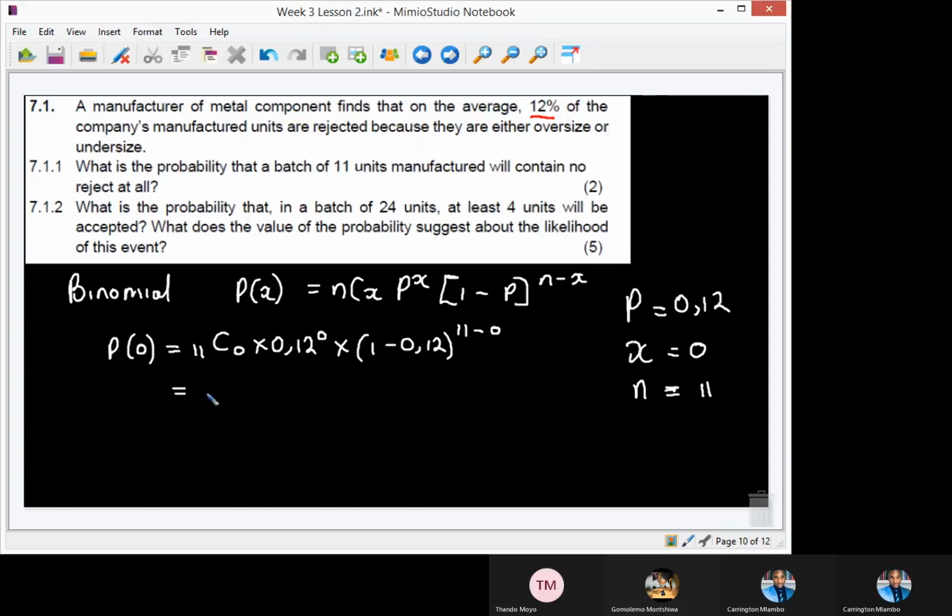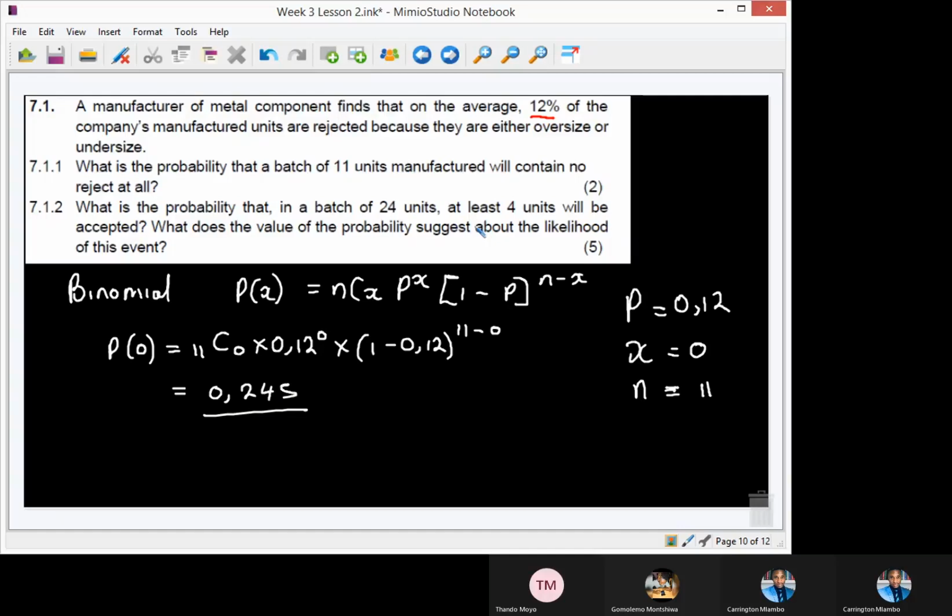You get your answer. Right, then you get 0.245. Easy as that. Right, let's go to 7.12.